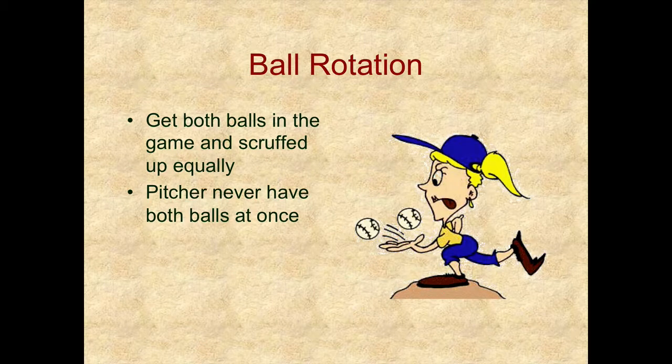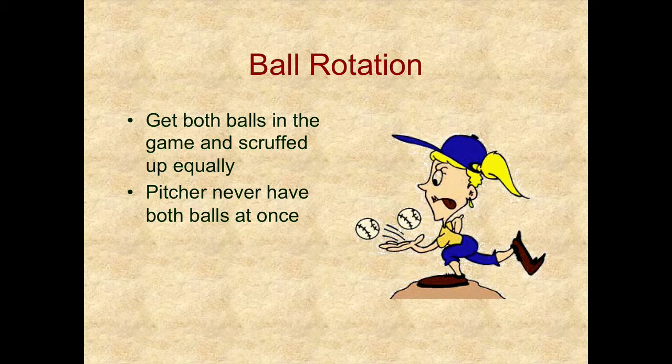Let's begin. Ball rotation. Ball rotation is a seemingly inconsequential rule, and therefore many umpires tend to ignore it, but there is a reason for it. The reason for enforcing ball rotation is to ensure that both balls get sufficiently scruffed up early in the game, making both balls as nearly alike as possible.